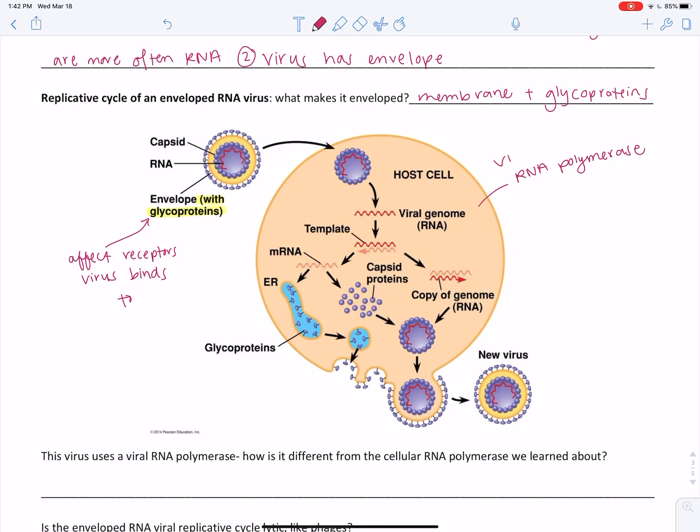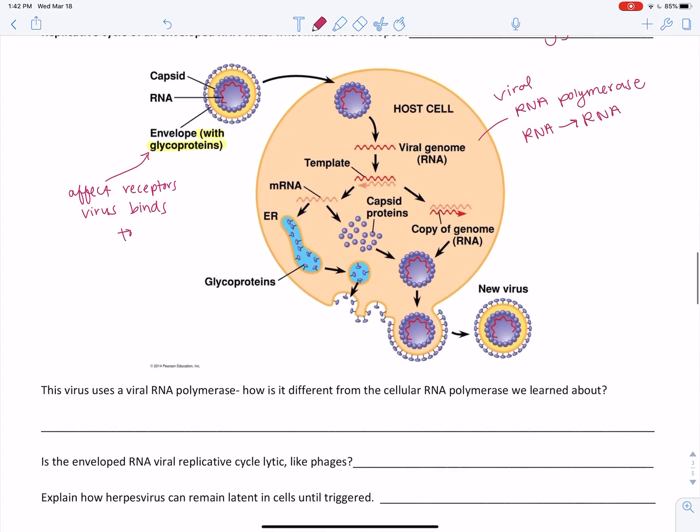So this is viral RNA polymerase. It can use RNA as a template to make RNA. Your RNA polymerase uses DNA as a template to make RNA. So if we answer this question, this virus uses a viral RNA polymerase, we would say it can use RNA as a template to make more RNA.